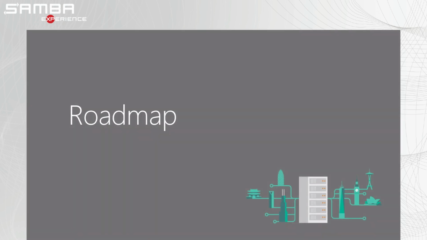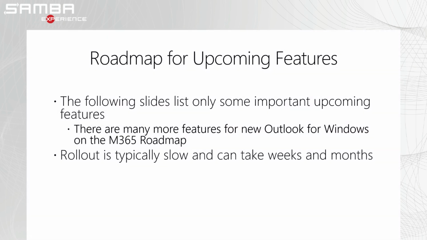Okay, now when we discussed features of new Outlook and compared them with classic Outlook, let's spend some time to look at the roadmap for new features. We have an official roadmap for Microsoft 365, and this is where I can find the roadmap for new Outlook for Windows.